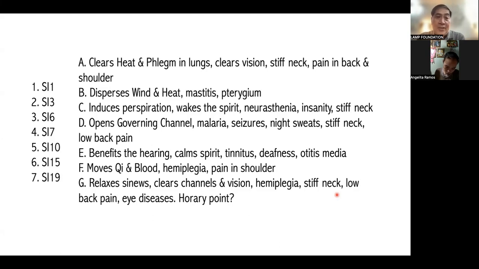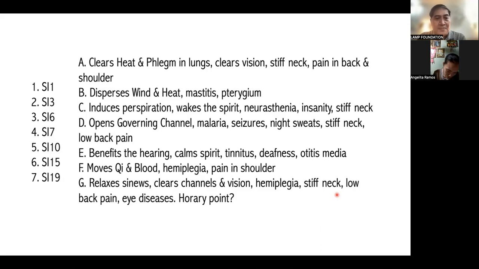Di ba, there are two confluent points of the Du channel or governing channel? Aside from SI3, who is its partner? Of course, it should also be a yang point. UB62. Ay, ang galing. Bladder 62. Yes po. Wow. You're so prepared.